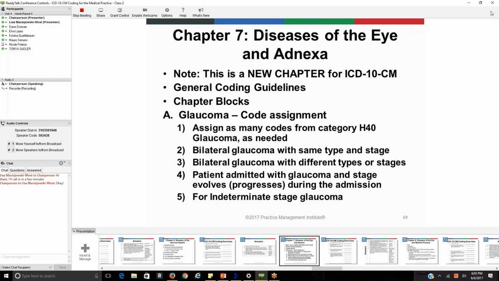After a while, that becomes the easy part. The part that requires some finesse on our part is knowing how to code combinations of codes, how to assign code by priority, so what to code first, what to code second, knowing when additional codes are necessary, and so on and so forth.